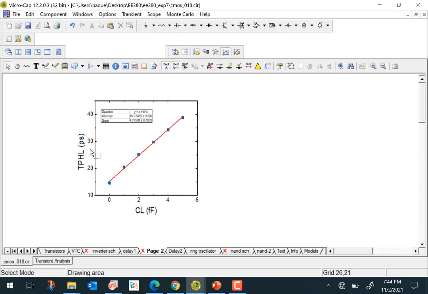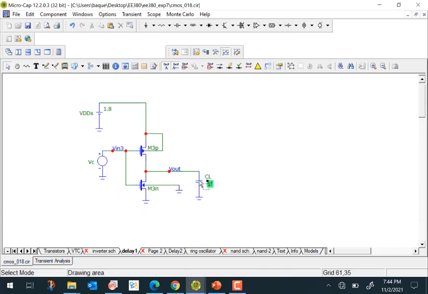So the tau PHL for zero load capacitance is what we call the intrinsic delay here. Even if you don't connect any load capacitor here, the CMOS inverter still has a delay because of the internal capacitances of these transistors. So that's the intrinsic delay.